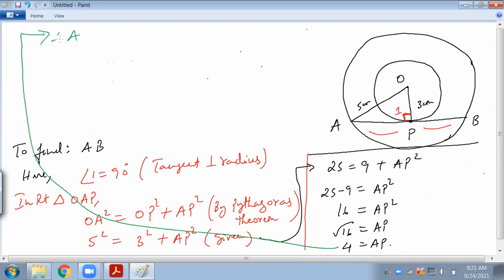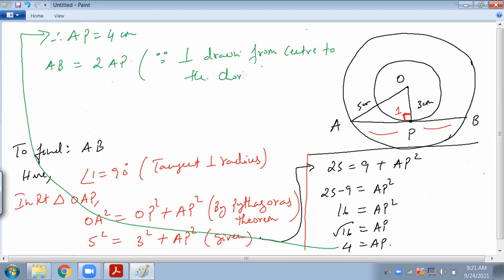So we can write AP is equal to 4 cm. Now we can find AB. AB will be equal to 2 AP. Why? Since a perpendicular drawn from the center to the chord bisects the chord.